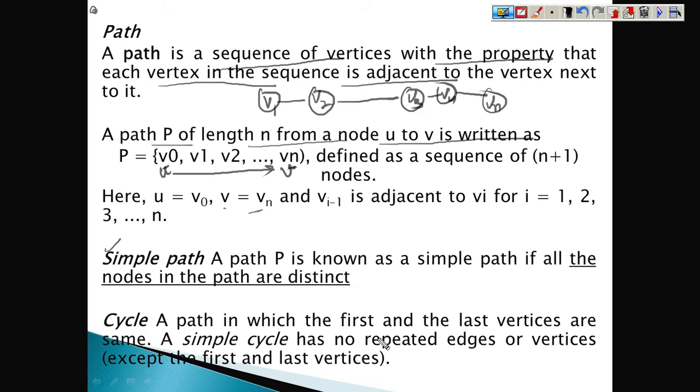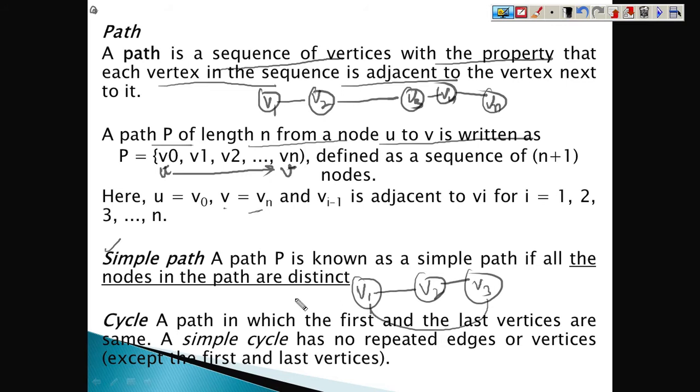Cycle: a path in which the first and the last vertices are the same. So if you construct a path to move from one vertex to the destination vertex such that the source vertex and the destination vertex are the same, then it is said to be a cycle. For example, if I want to move from v1 to v2 to v3 and then from v3 back to v1, then these edges constitute a cycle.